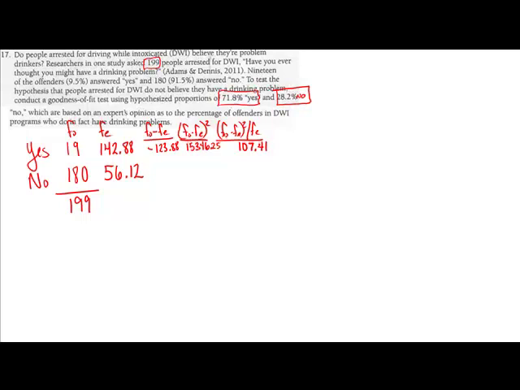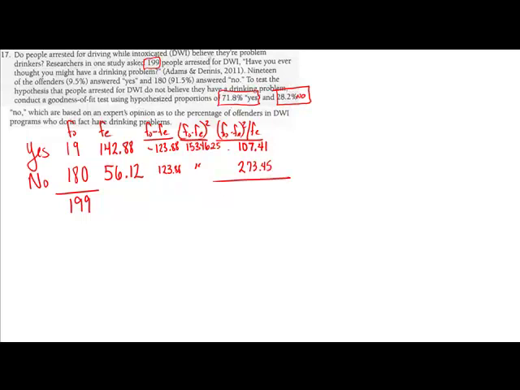Let's go down to our no's. We observed 180 no's minus the 56.12 that we expected is 123.88, squared is 15346.254 again, and divided by 56.12, that's 273.45.